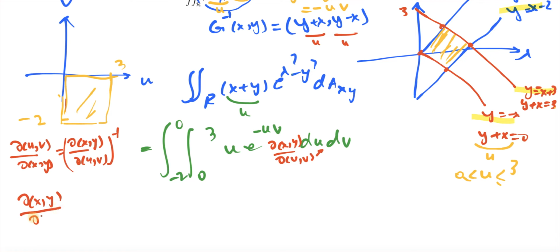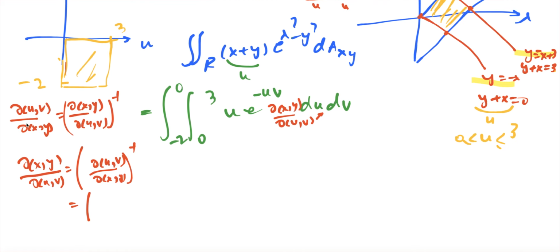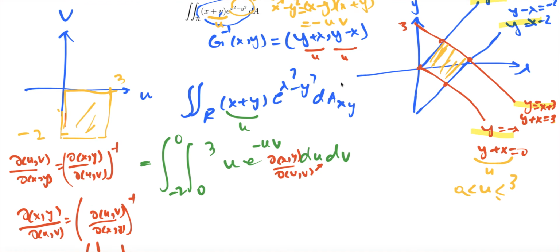So to find this in here, I find the other way around, which is the determinant of u with respect to x, which is 1, u with respect to y, which is 1, and then v was y minus x, right?